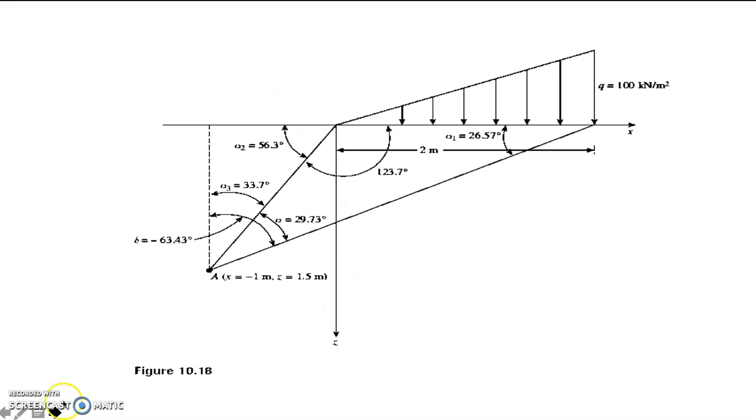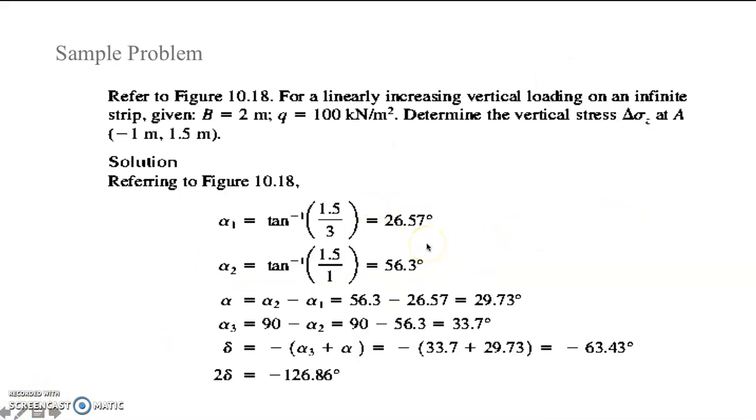Our z is 1.5, and since alpha 1 is towards this point, we consider this triangle. Alpha 1 would be arctan of y over x, so 1.5 all over 3, and it gives us 26.57 degrees.